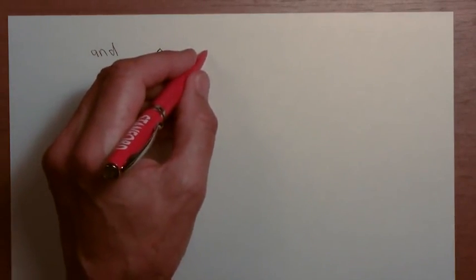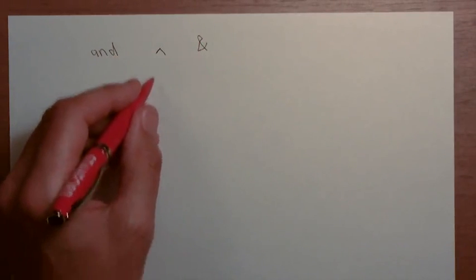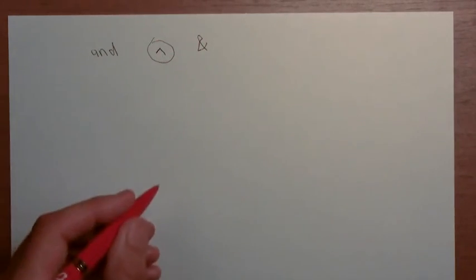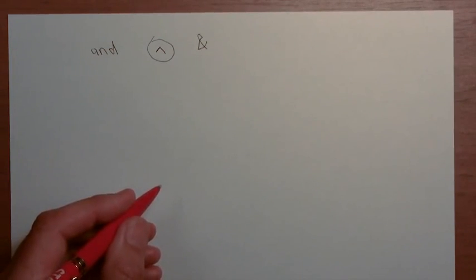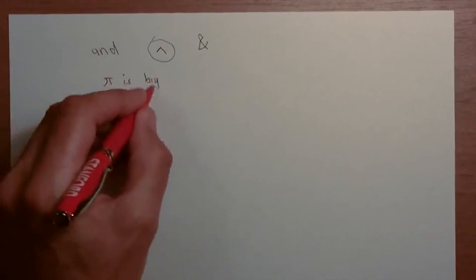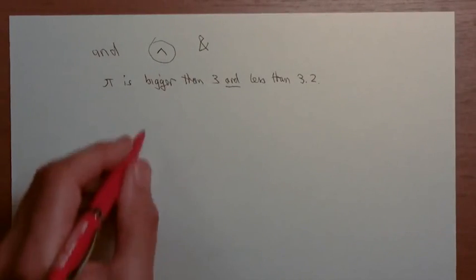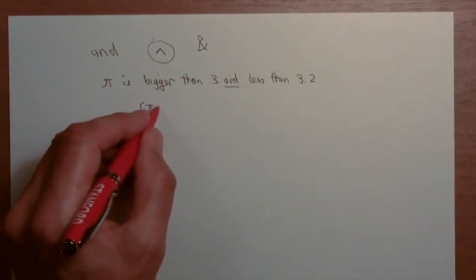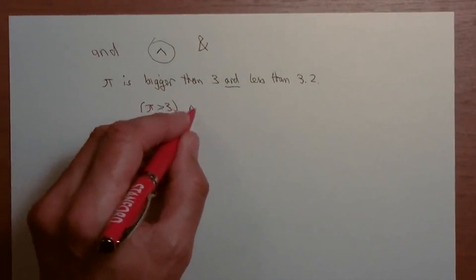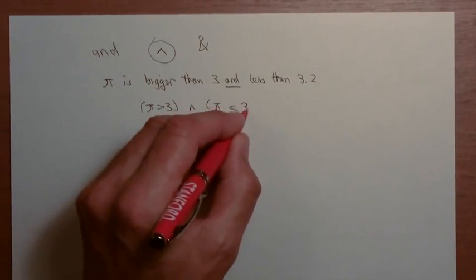Sometimes you'll see the old familiar ampersand used, but I'm going to stick to the common mathematical practice of using the wedge. For example, we might want to say pi is bigger than 3 and less than 3.2. We could do this as follows. We could write pi is bigger than 3 and pi is less than 3.2.